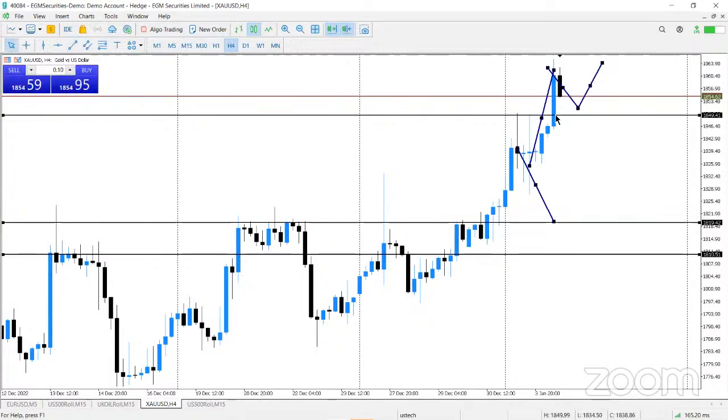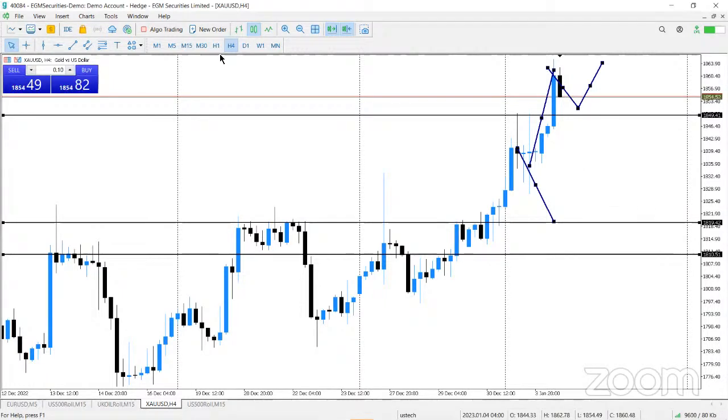So if price is going to remain above 1850, 1849, then you have good room to believe that we might possibly be going higher. If price shows signs of pulling back, then you'd have to find other key areas, but there'll be minor areas around this section for you to start looking for setups to go higher.